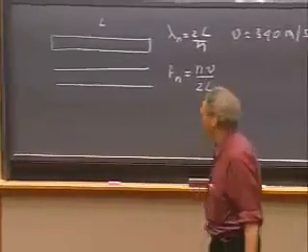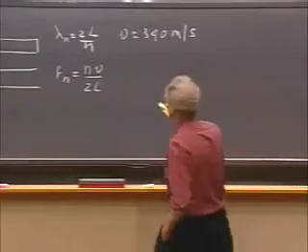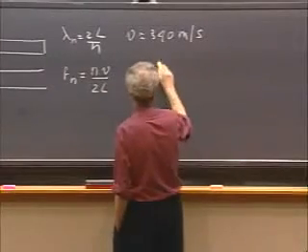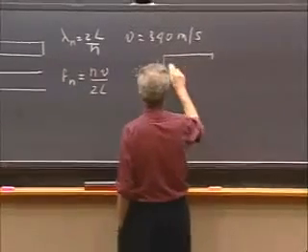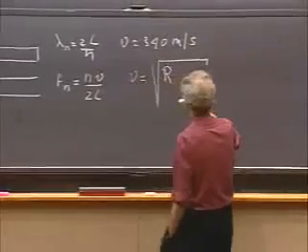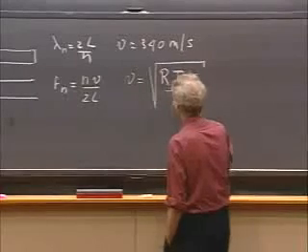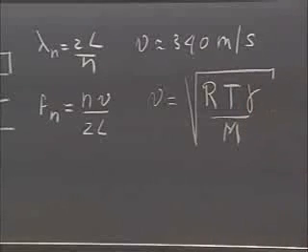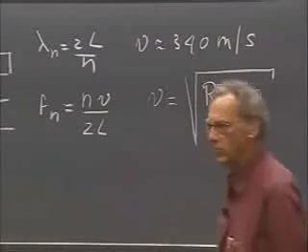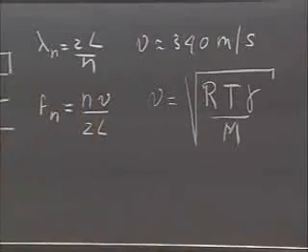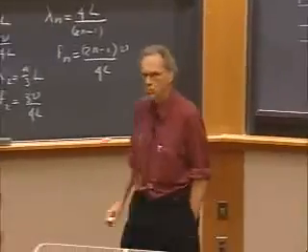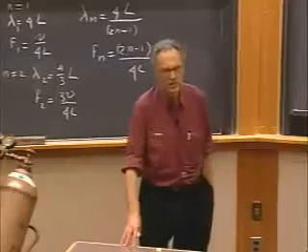The speed of sound in a gas, something that I really wouldn't want you to remember, I will return to that at the end of my lecture, is given by this equation, but you may forget it as far as I'm concerned. R is the gas constant, T is the temperature of the gas in degrees Kelvin, and gamma, if any of you remember that from 801, is the ratio of specific heat at constant pressure divided by specific heat at constant volume.